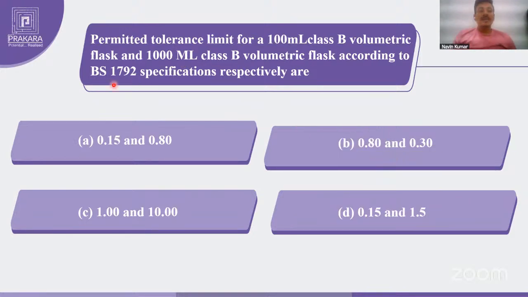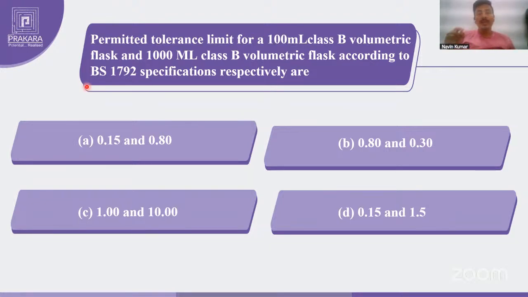So see here, there is British Standard 1792. We are all aware that we were under British control before 1947, so most of the things still belong to them. A lot of guidelines are very similar to the British ones even till date.